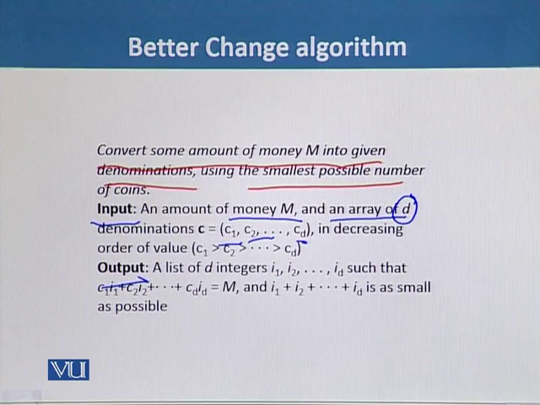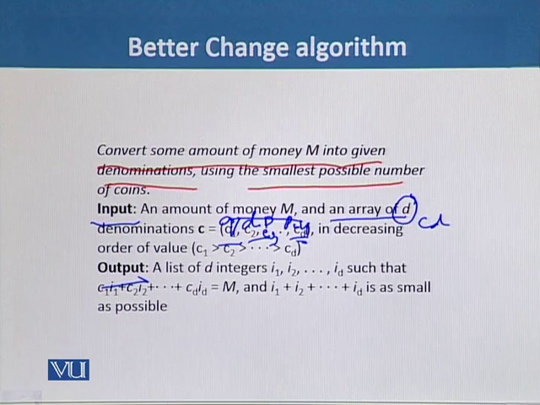So in the United States, the number of coins will be 4. C1 will be quarter, C2 will be dime, C3 will be nickel, and CD means the last coin, penny, which will be C4. So CD means here that it could be any number. In the European Union, it could be 5, C4, and then we will add C5.